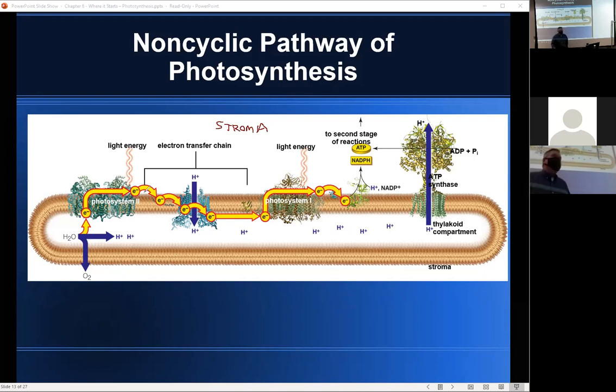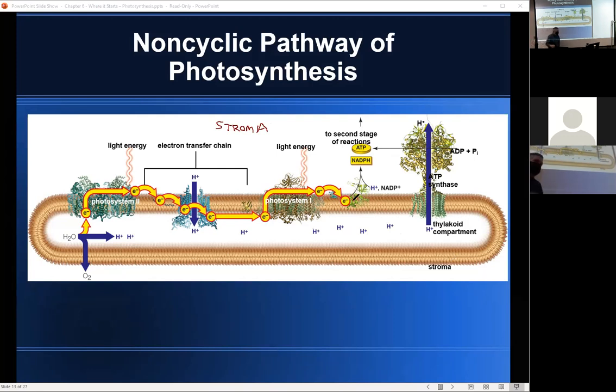All of the enzymes and all of the pigments that are involved in photosynthesis are embedded in the inner membrane of the chloroplast, or the thylakoid membrane. So all of these proteins here are proteins that carry out photosynthesis.